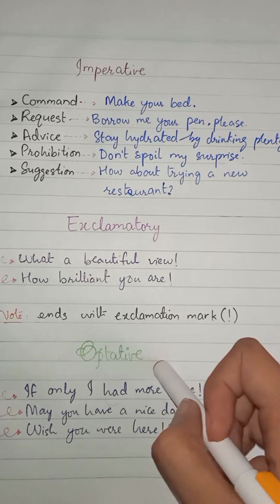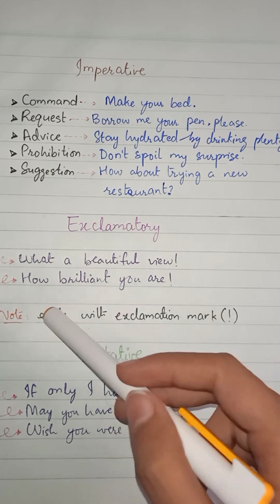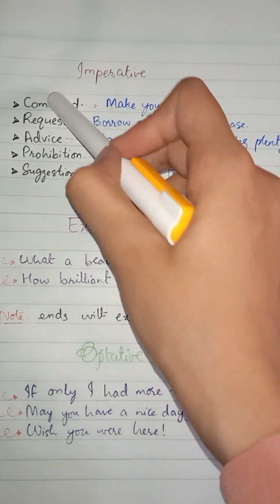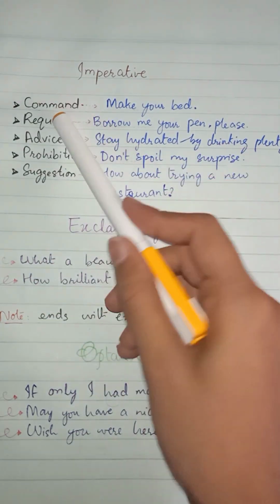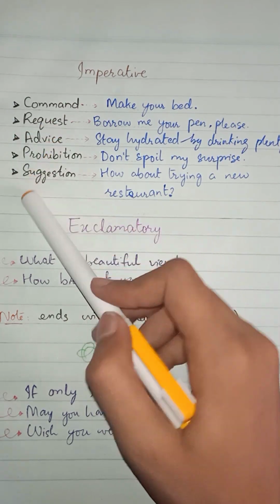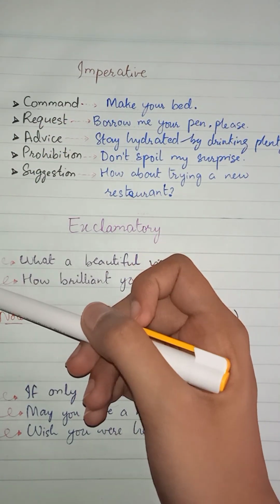Okay, now here's the third type of sentence, that is the imperative sentence. Imperative sentences can basically be written in these ways. Either it can be a sentence that expresses a command, or a request, or an advice, a prohibition, or a suggestion.